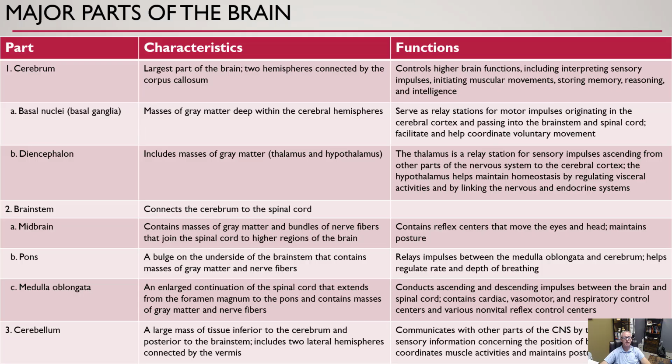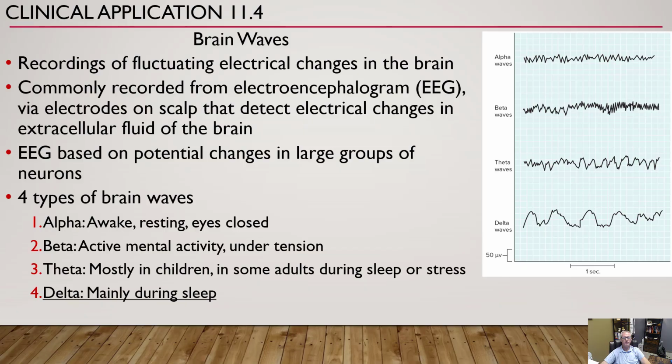All right, just a summary slide of what everything does that we've talked about before. All right, brain waves. If you've ever had a sleep study done, they'll hook you up to a bunch of monitors and tape electrodes to your head, and they'll monitor these alpha, beta, theta, and delta waves.